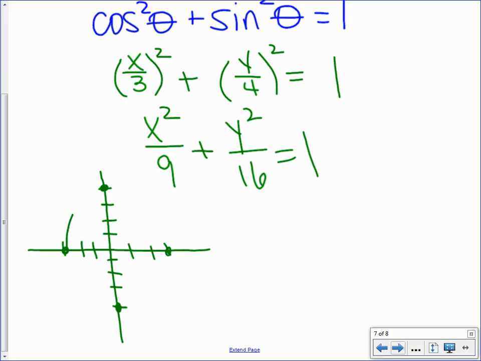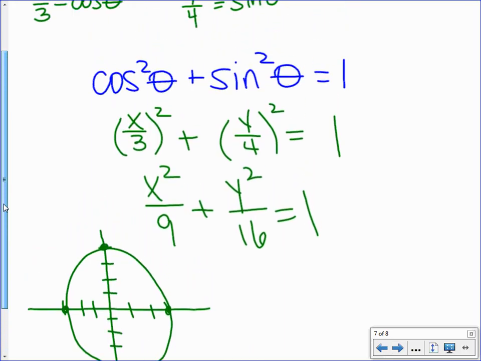Okay, so we know that our ellipse looks like this. But what does our ellipse need? Arrows. So we need to decide, is this going clockwise or is it going counterclockwise? How could we make that decision? Plug in points.